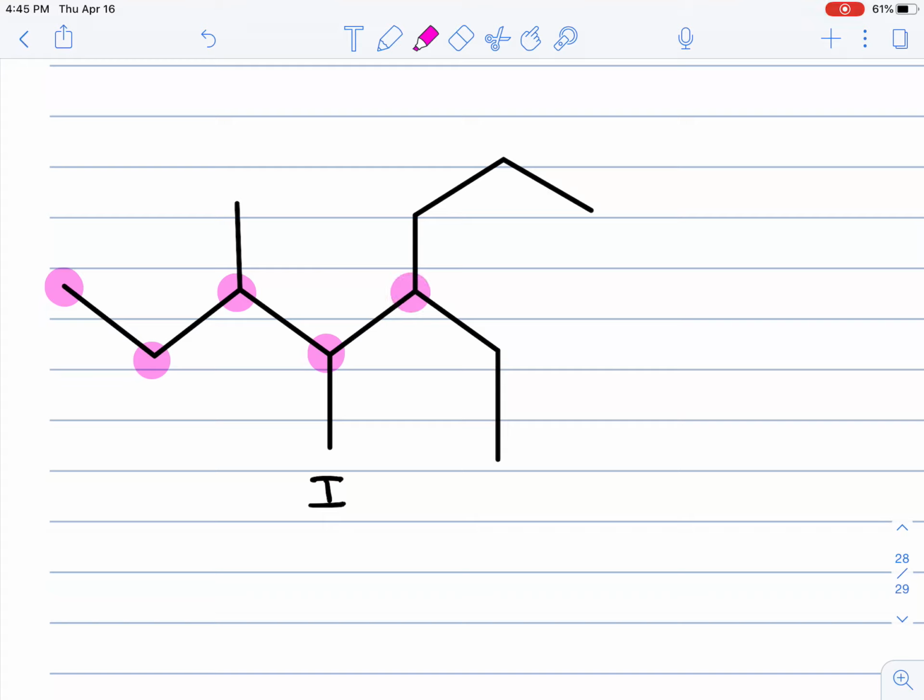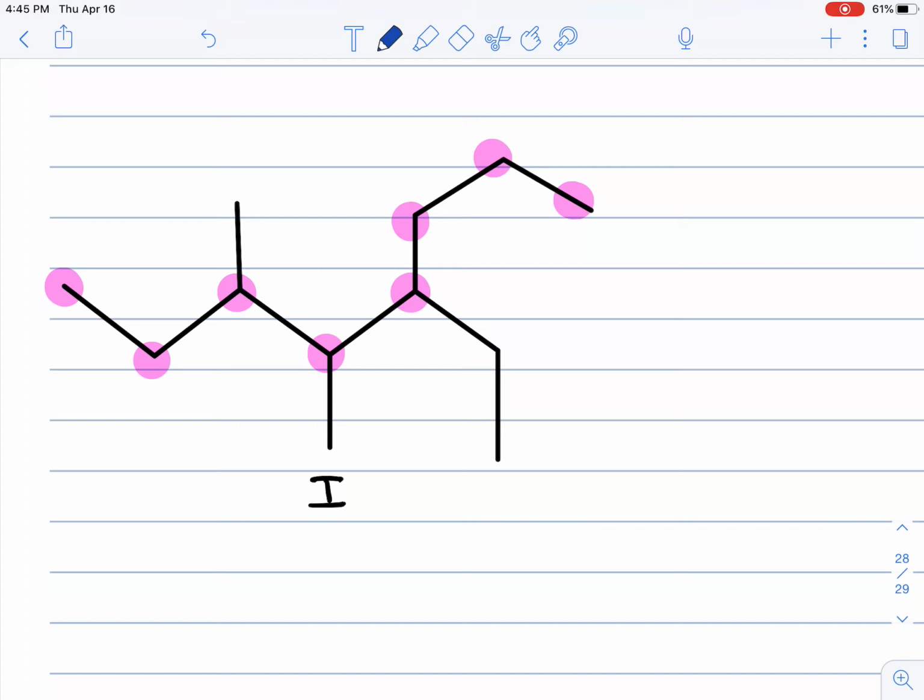So 4, 5. If I look at where I'm at right now, there's a branching. And so I can go 5, 6, 7. Okay. Or 6, 7, 8. Okay. And so since this is going to produce the longest carbon chain, this is probably going to be my parent chain.